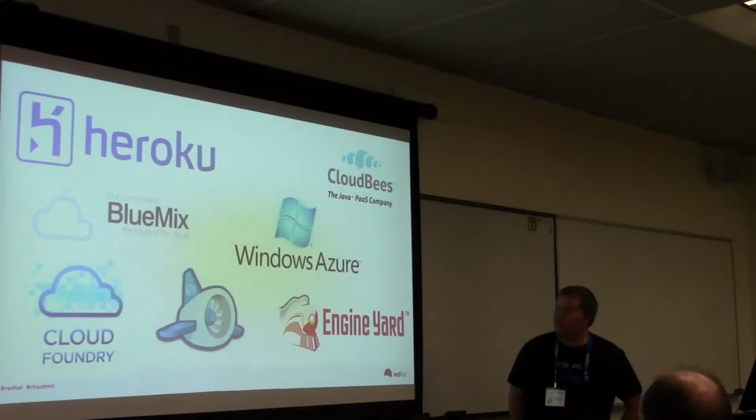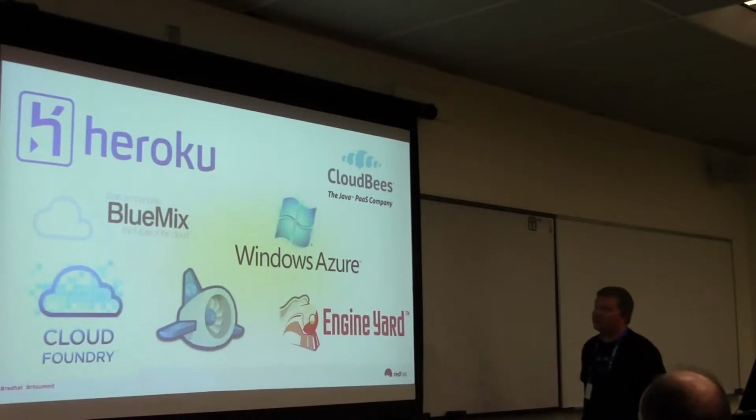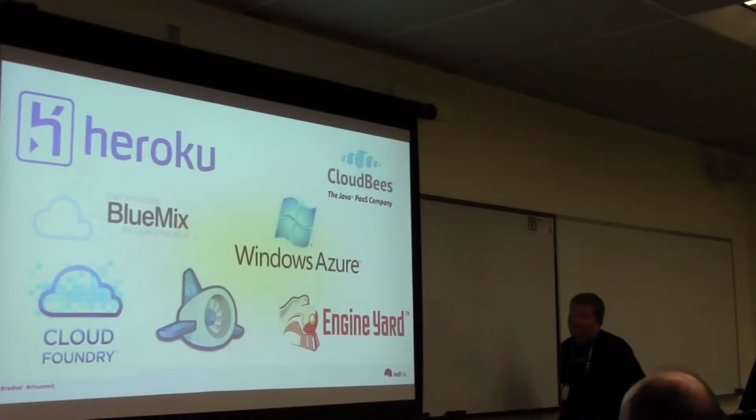If you were looking for a PaaS to use, which in my opinion, PaaS is the next big thing. Every developer in this room will probably be using it within 3 years. It's just the way things are moving because it's so cost effective and so easy to spin up new environments. It really depends on your language and what you're trying to do.